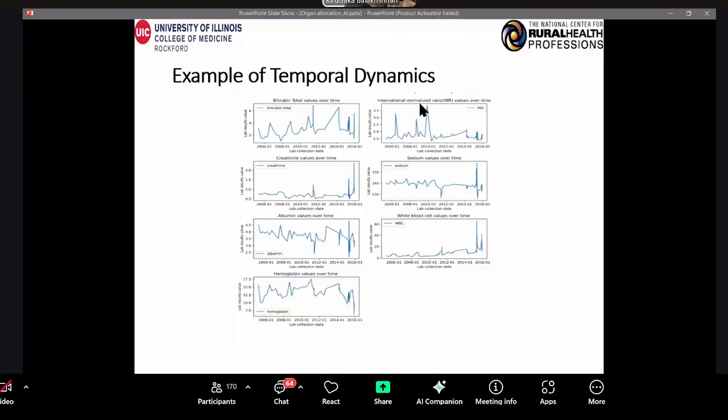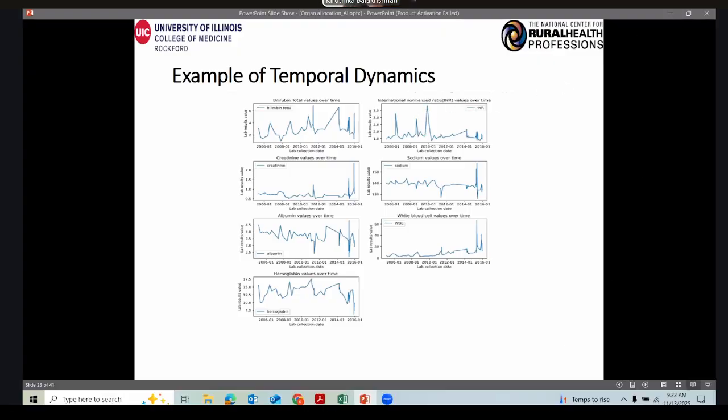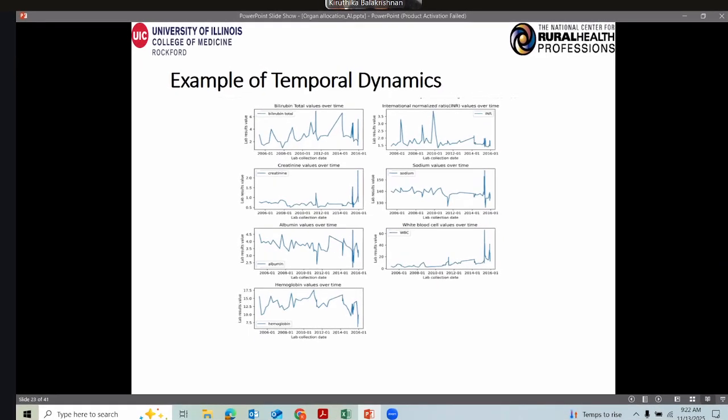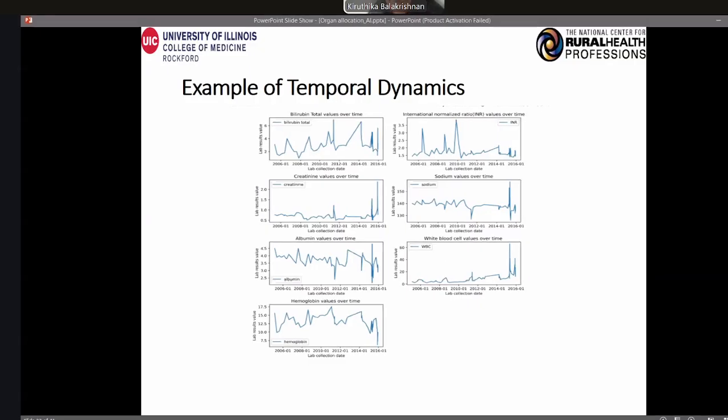If we just take a single snapshot, say one bilirubin value before transplantation, we miss all the information about how the patient's condition evolved over time. A patient with stable lab values for 1 year is very different from one with rapidly increasing bilirubin or frequent spikes in INR.